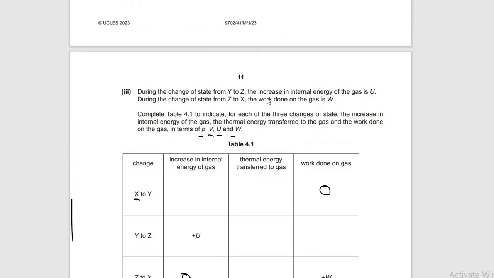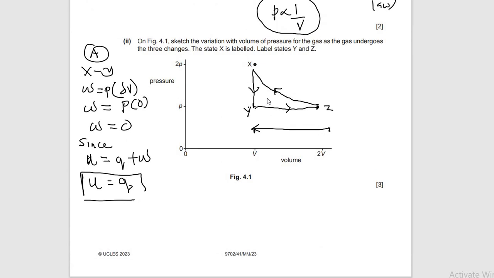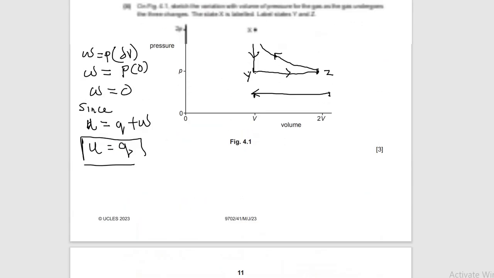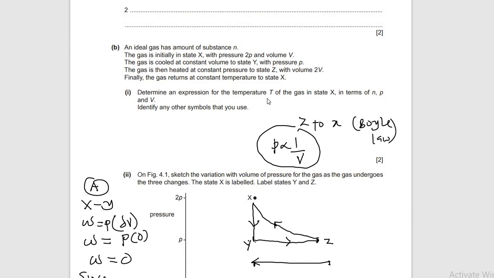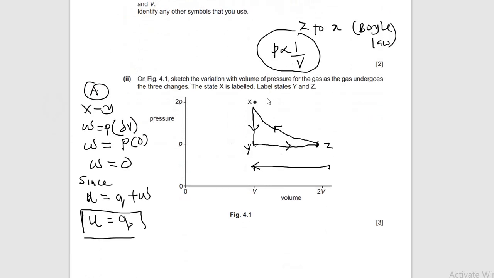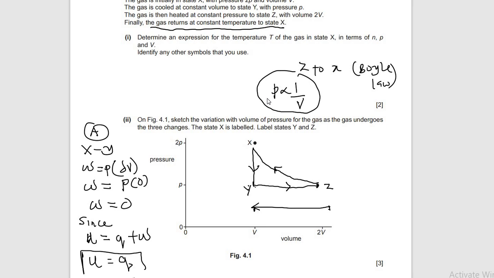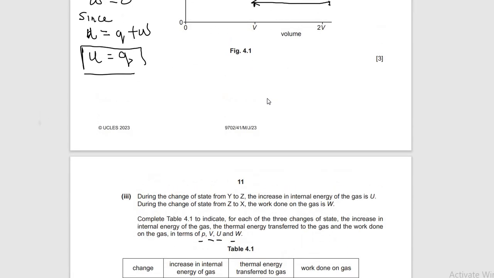If you remember the question vividly, let's go back. At Z to X, it said, finally, the gas returned at constant temperature to state X. From Z, it returned from Z to X at a constant temperature.